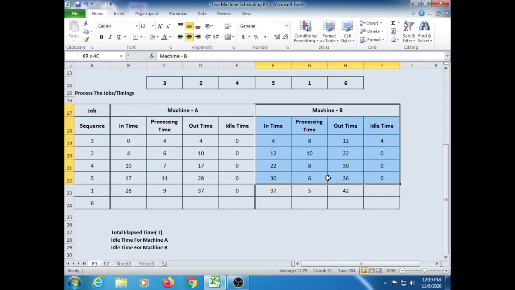It has to wait for 1 hour. So here, the previous job out time minus the present job in time, so we will get the idle time 1. So here I first take in time minus out time, so 1 hour.